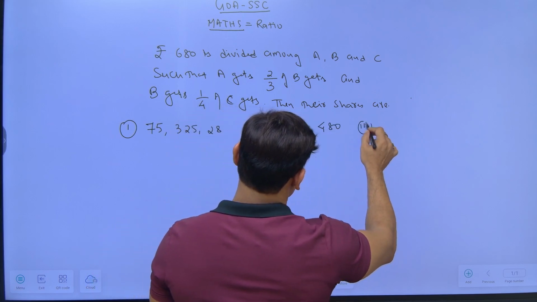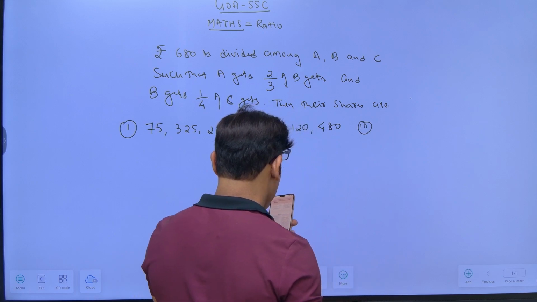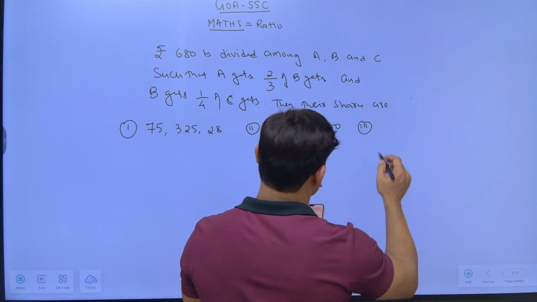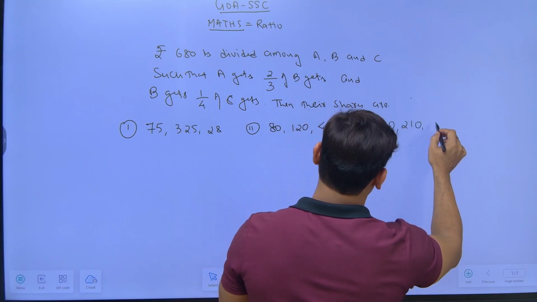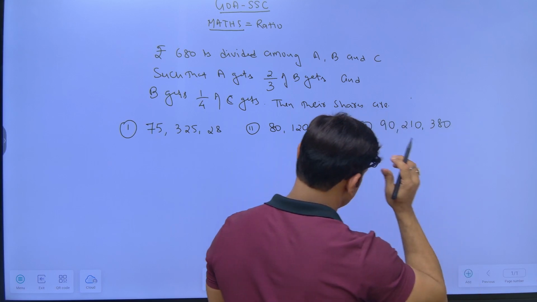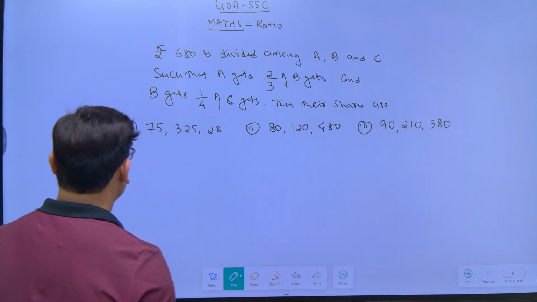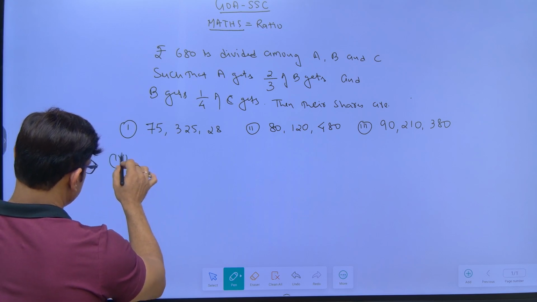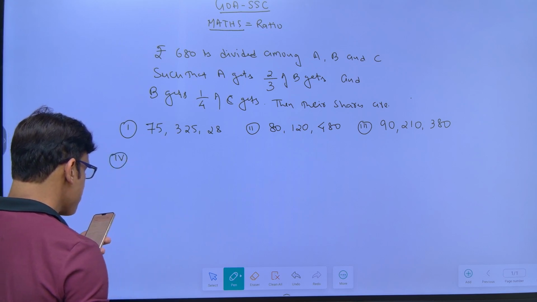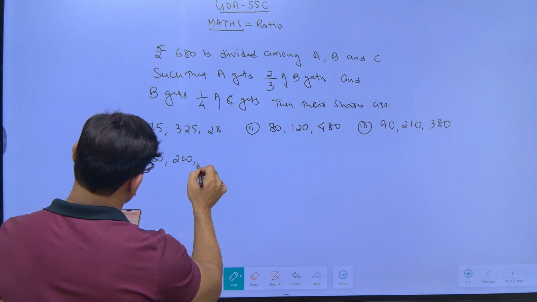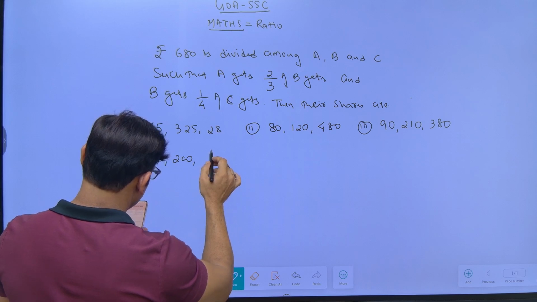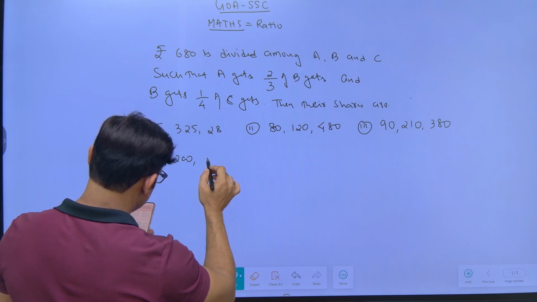Third option is 90, 210 and 380. And then the fourth option in this case is 100, 200 and 380.